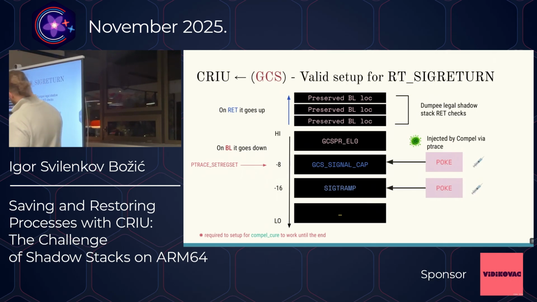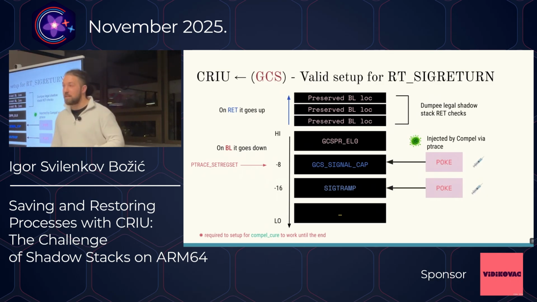And what the kernel expects on the sigreturn is these two values, and you can use poke. ptrace has poke and peek, read and write to another process, to adjust that, so that once it does the sigreturn, it also validates that the GCS has not been tampered with, and so CRIU makes sure it passes that test.